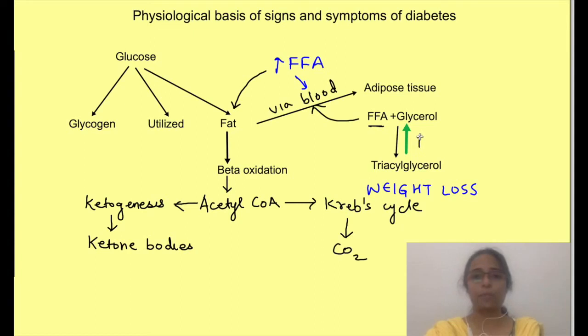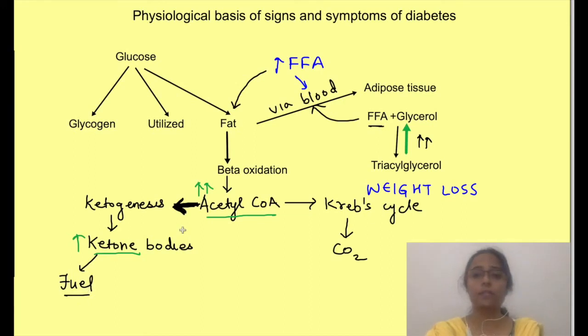When more and more lipolysis occurs, as occurs in insulin deficient state, more and more acetyl coenzyme A is formed and hence more ketone bodies are formed. Moreover, in diabetes, most of the acetyl-CoA is channeled away from Krebs cycle and is utilized for production of ketone bodies. Some of the ketone bodies are utilized as fuel.